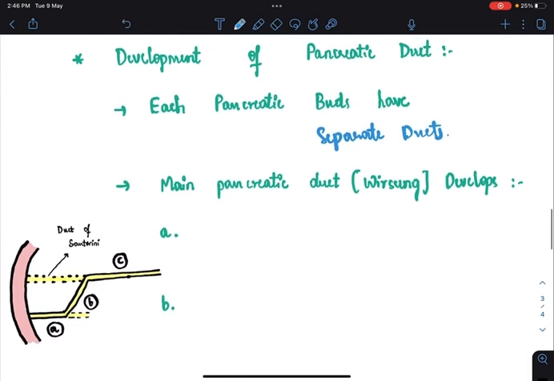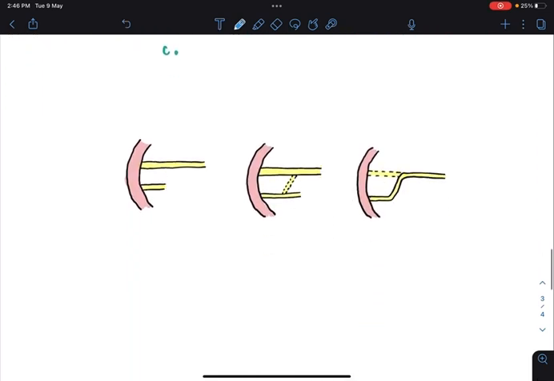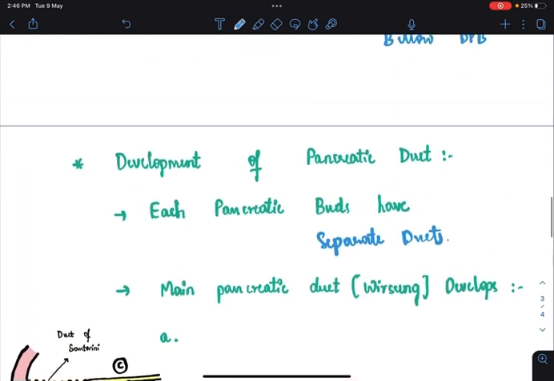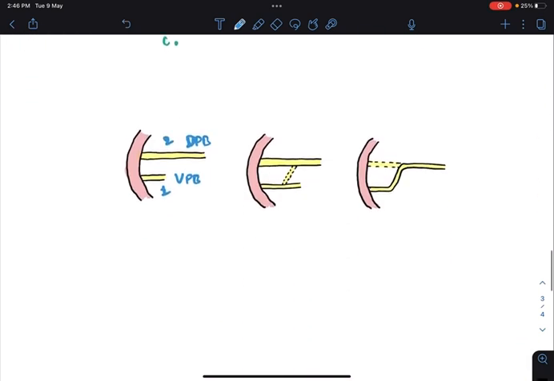So what happens is the development of the final, adult pancreatic duct. See these diagrams, we have two pancreatic ducts, one for the ventral pancreatic bud and another for the dorsal pancreatic bud. In the adult pancreas there is only one duct, the adult pancreatic duct, also called the duct of Wirsung. So how is that formed?